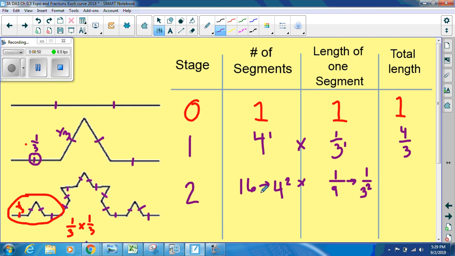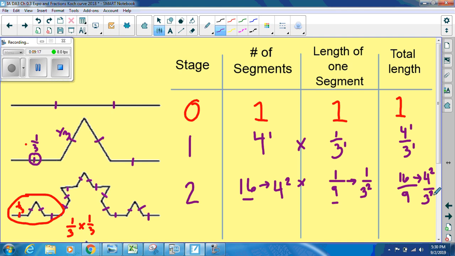Okay, so what's my total length? Well, I have 16 pieces. Each is 1/9. So 16 times 1/9 is 16/9. Let's take a look. Here I have 4 to the first and 3 to the first. Over here, in my next stage, 4 squared over 3 squared.